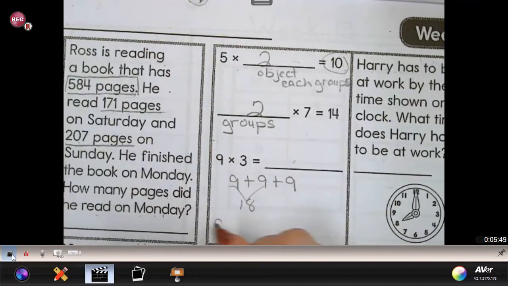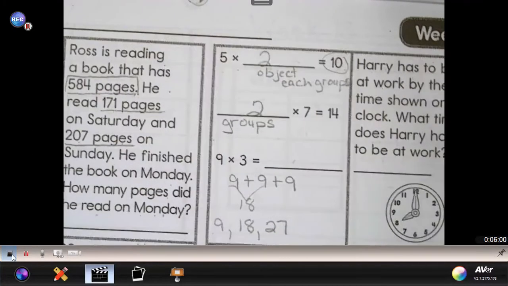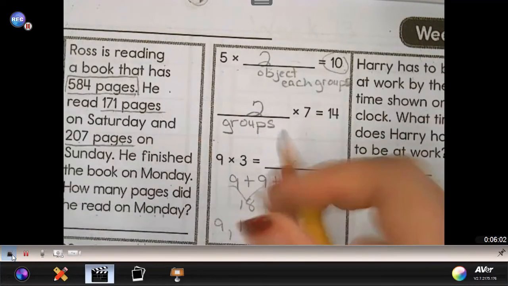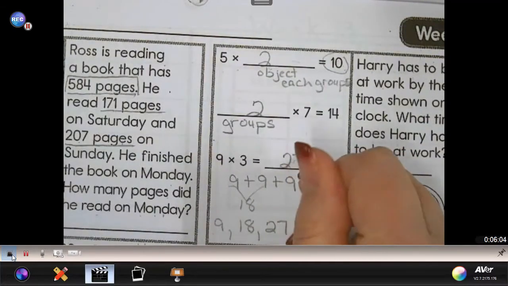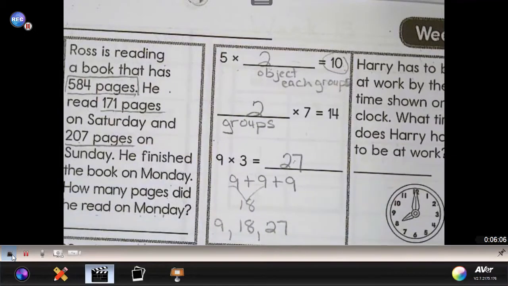So we could go 9, 18, and then adding another group of 9 would be 27. So our product for 9 times 3 is going to be 27. 9 groups of 3 is 27, or 3 groups of 9 is 27.